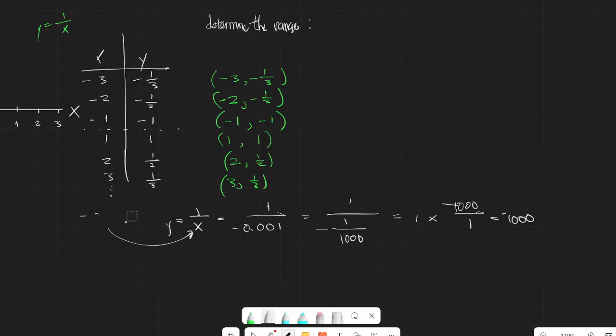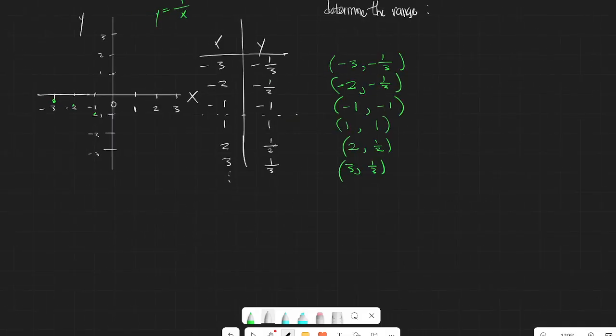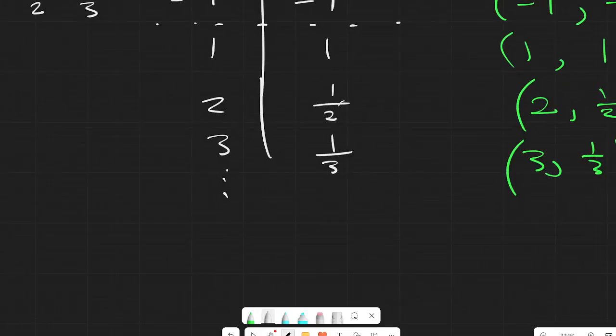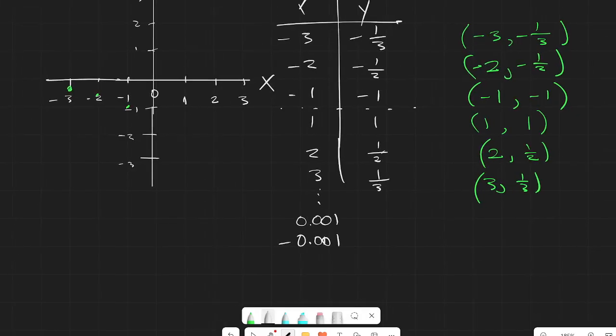So we can see the values of the function get really large as we get closer and closer to 0, which means that they grow very quickly as you go to x equals 0.